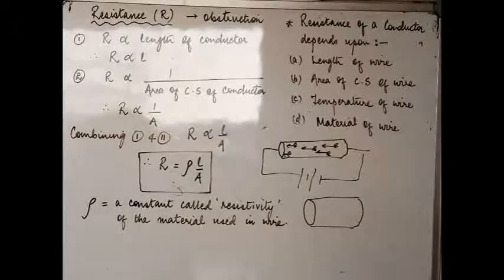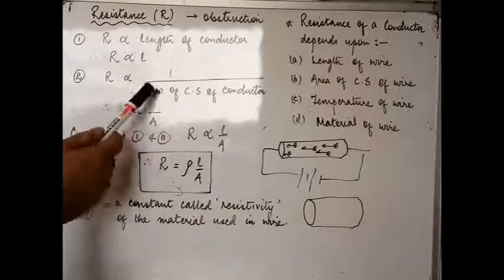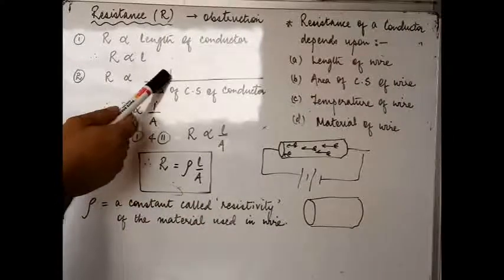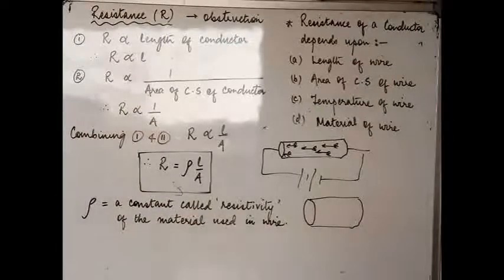It is just like imagining yourself moving on a big wide road. The wider the road, the easier it is for you to move on it, so lesser the obstruction. As a result of this explanation, resistance of a wire is inversely related to the area of cross section of the wire or the conductor.